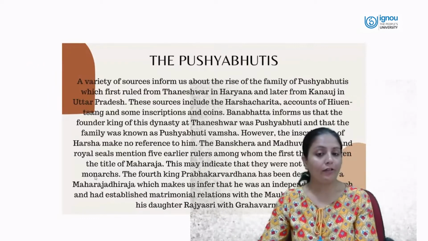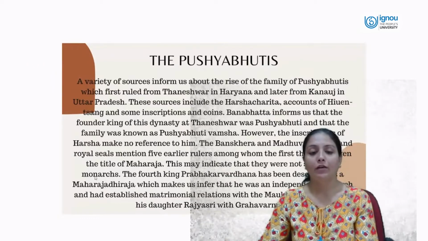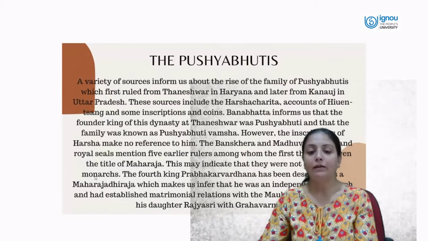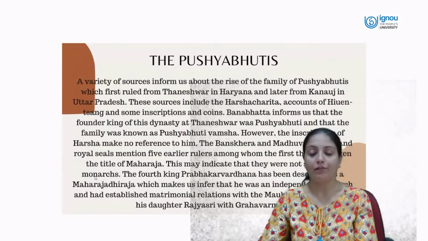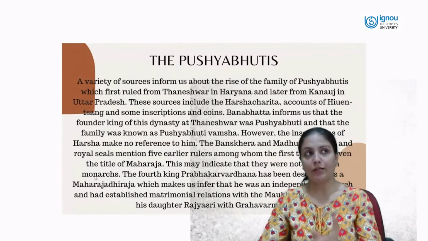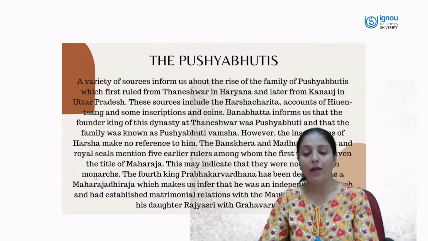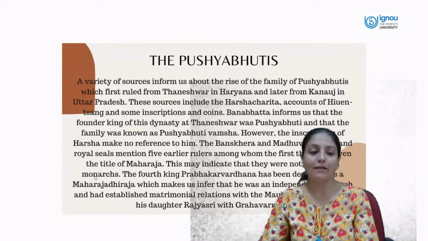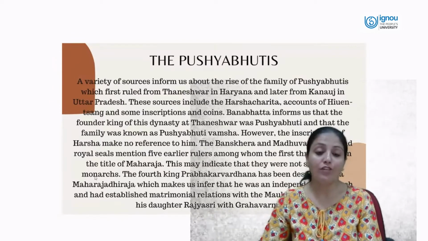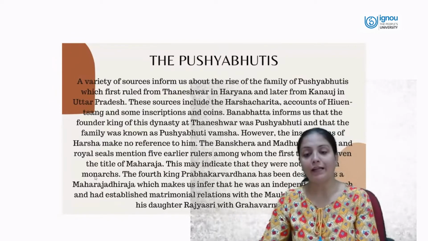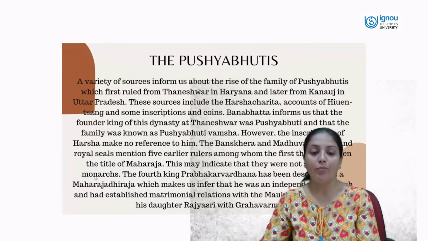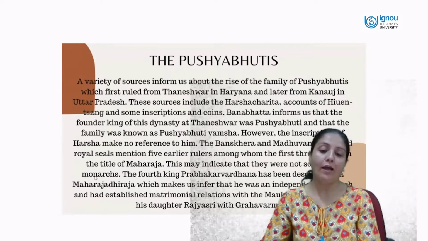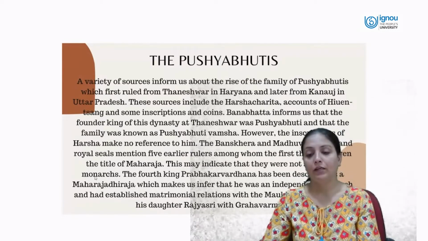The fourth king was Prabhakaravardhana. He was described as a Maharajadhiraja, which makes us infer that he was an independent monarch and had established matrimonial relations with the Maukharis by marrying his daughter Rajyashri to Grahavarman.